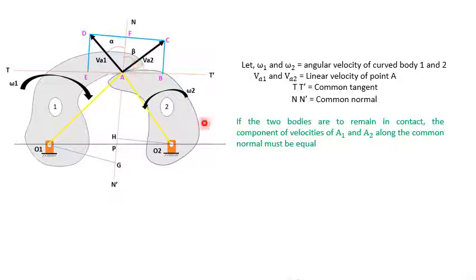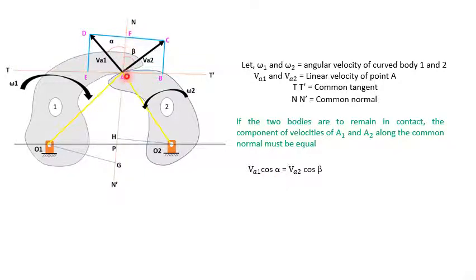Because if I consider this triangle ADF, AF represents the adjacent side, therefore cos alpha. So VA1 cos alpha.